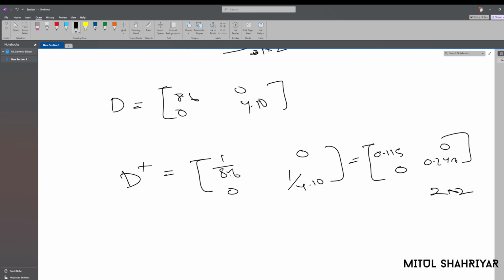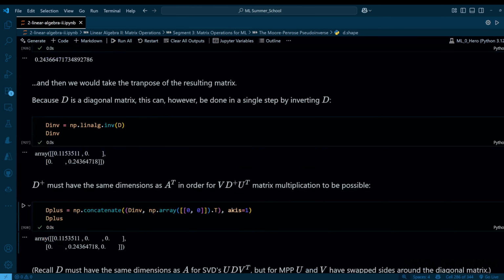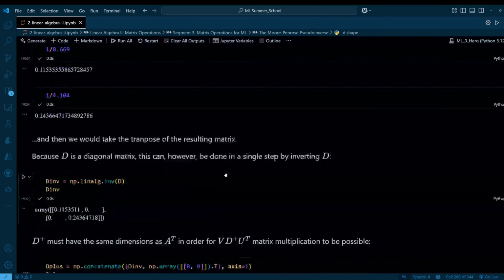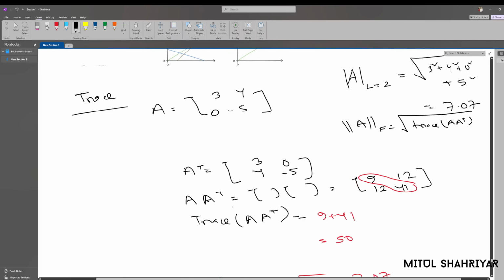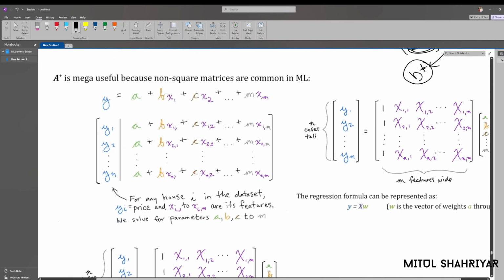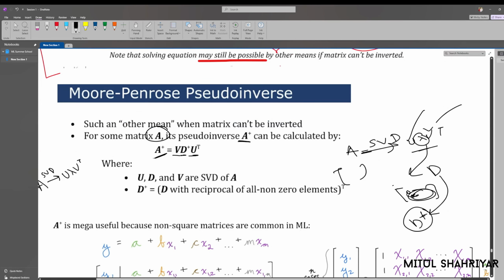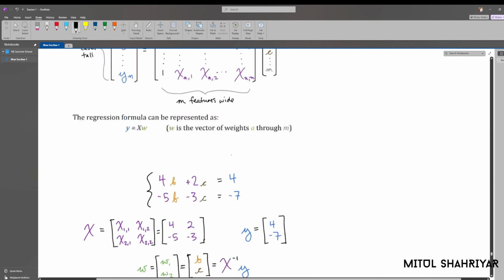Okay, right. Now our goal is, again, let me just verify, that we want to multiply these 3, right? We want to multiply these 3 to get what? As mentioned in our slide, you can see A pseudo inverse equals V D pseudo inverse U transpose.